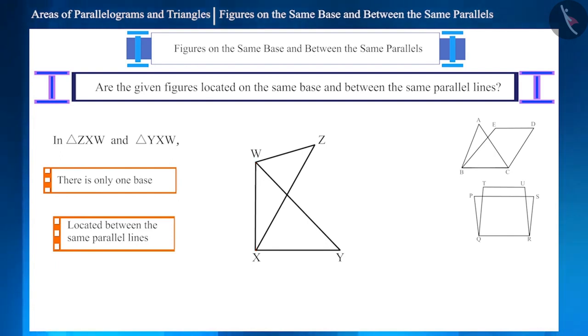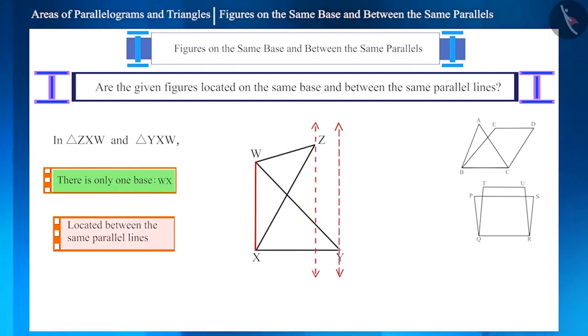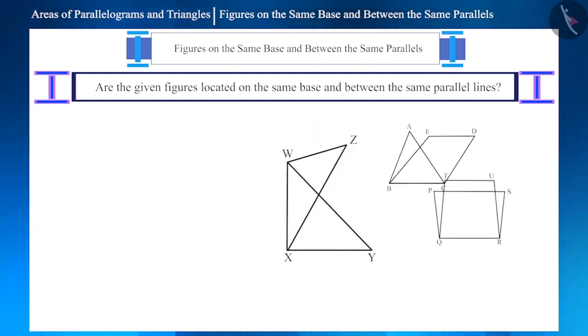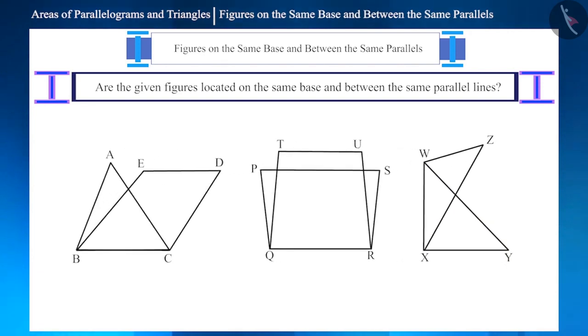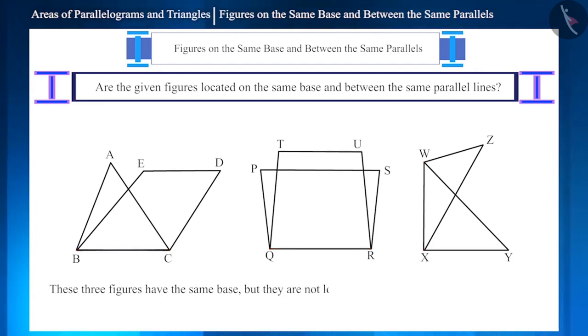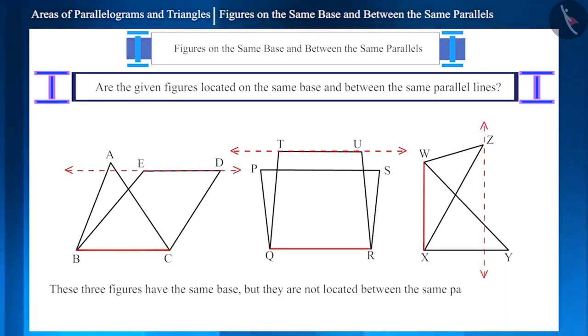Or we can say that these two triangles have the same base WX. But these are not located between the same parallel lines. This means, while these three figures have the same base, they are not located between the same parallel lines.